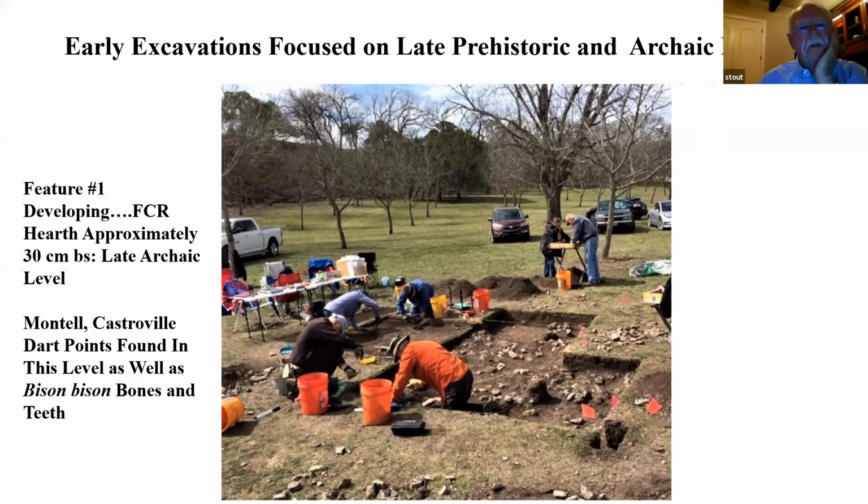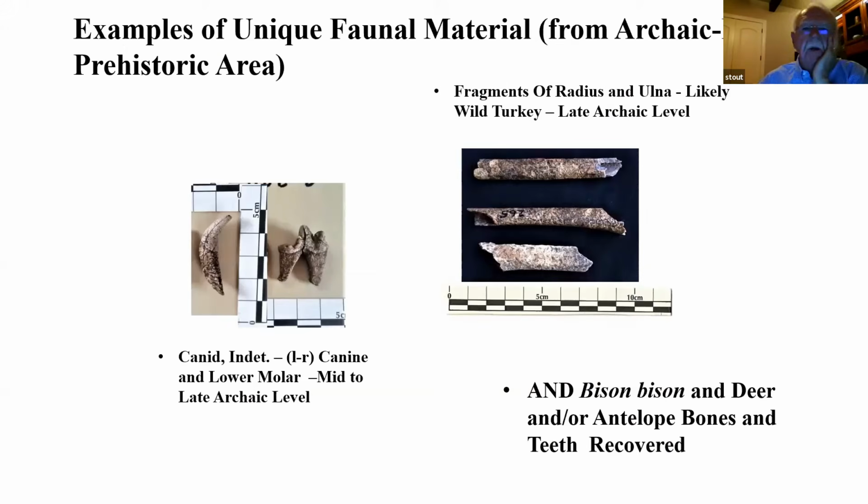Now, some of the other things that were interesting, very unusual, that we were finding amongst all of the other animal remains was, first of all, on the left, there's a canine tooth and then a lower molar from the lower jaw of a canid. That is the family of dogs and coyotes and wolves.